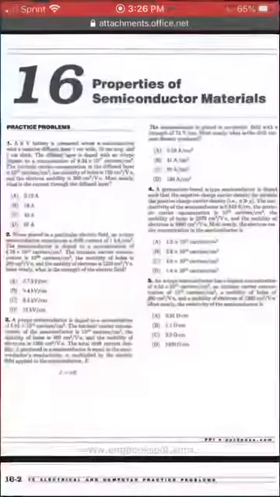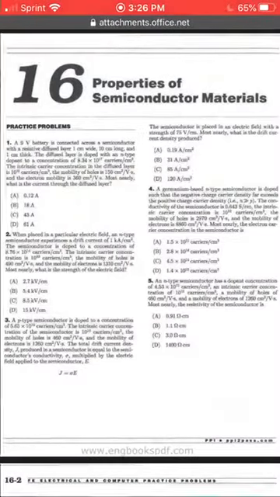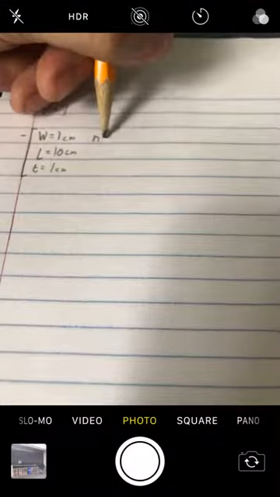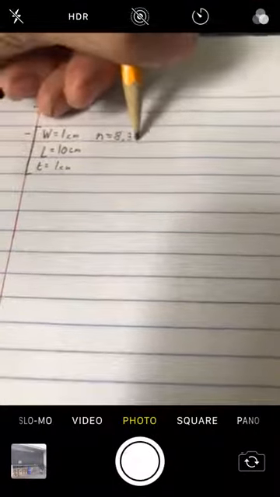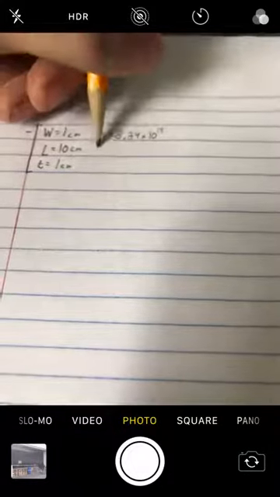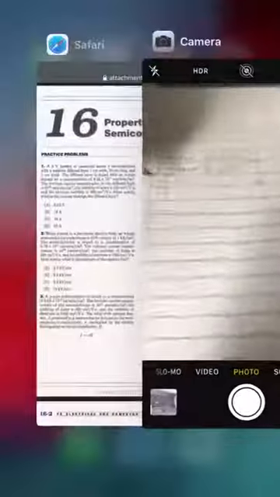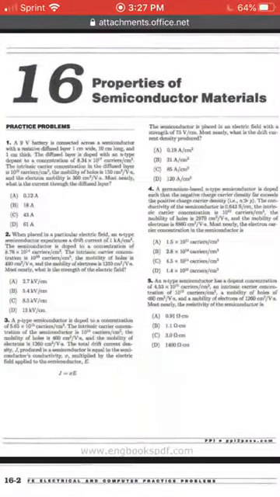So we have a width of 1 centimeter, a length of 10, a thickness of 1, and then the concentration for N-type, 8.34 times 10 to the 17th. And then the intrinsic carrier concentration is going to be 10 to the 10th.